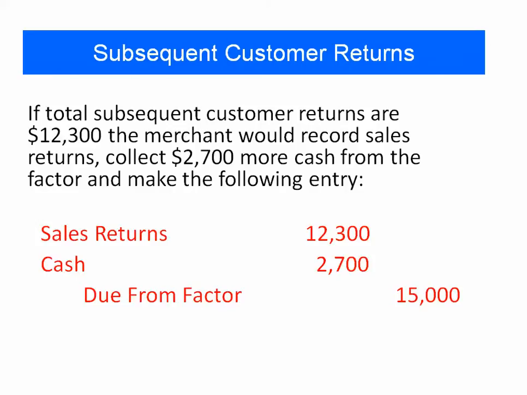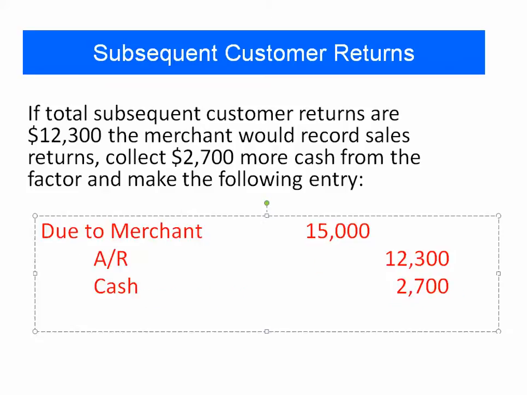If out of that $15,000 in estimated customer returns, subsequent returns turn out to be $12,300, the merchant would record sales returns of $12,300. It would receive an additional $2,700 in cash from the factor or finance company, and it would credit the amount due from factor for the full $15,000. The finance company would make the following entry.